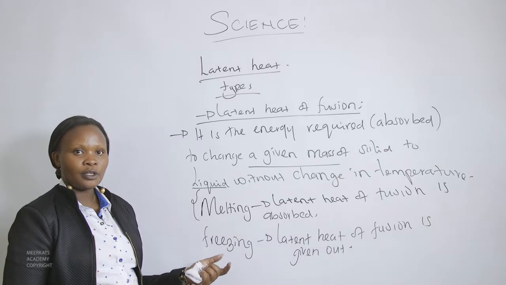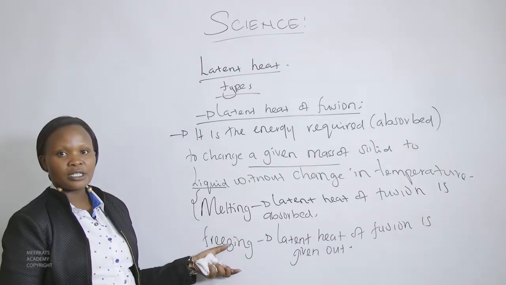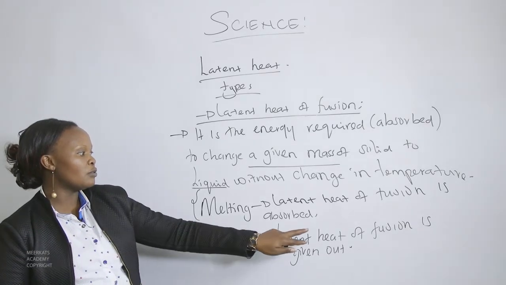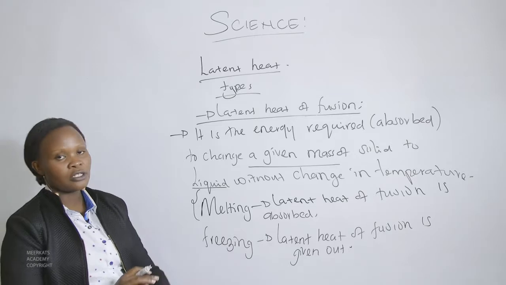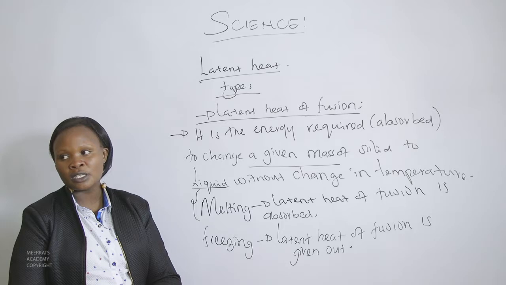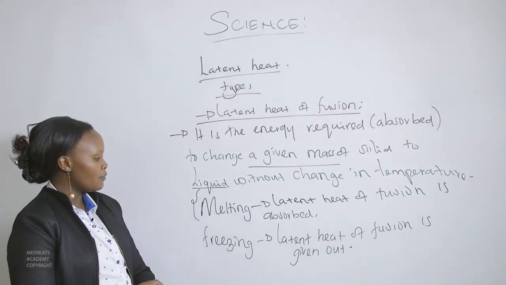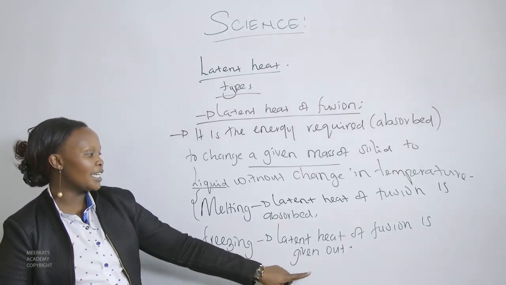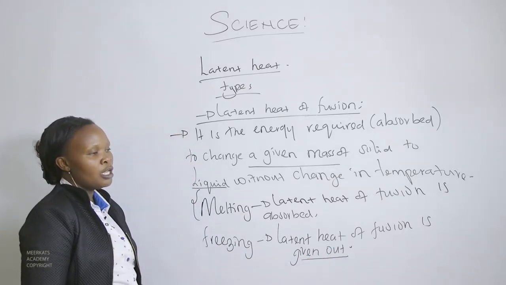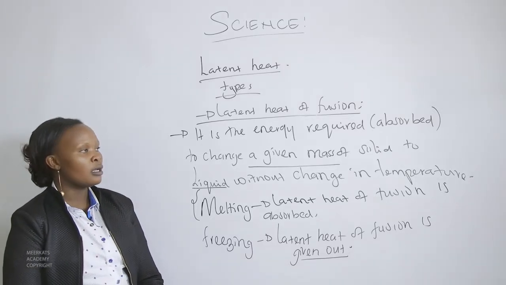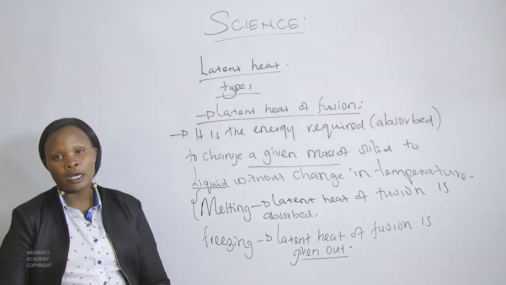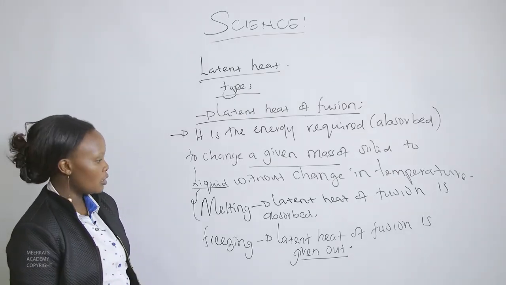And that brings us to the two processes that will need latent heat, where melting will involve absorbing in order for us to break the forces between particles. And again, freezing will involve giving out of latent heat of fusion for you to achieve that desired change of state from a liquid to a solid.